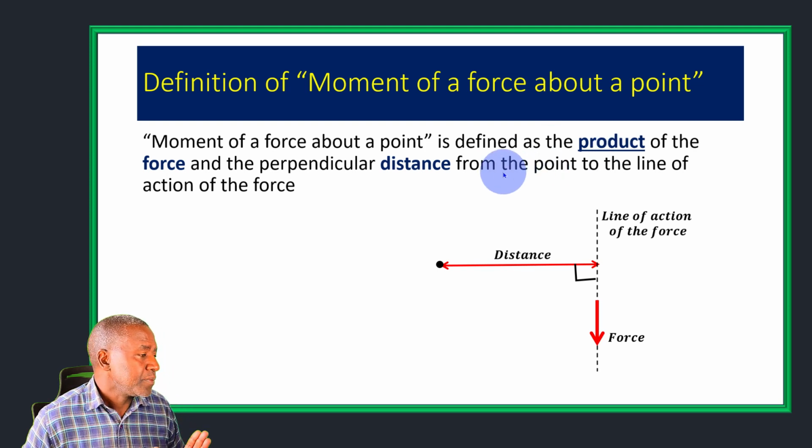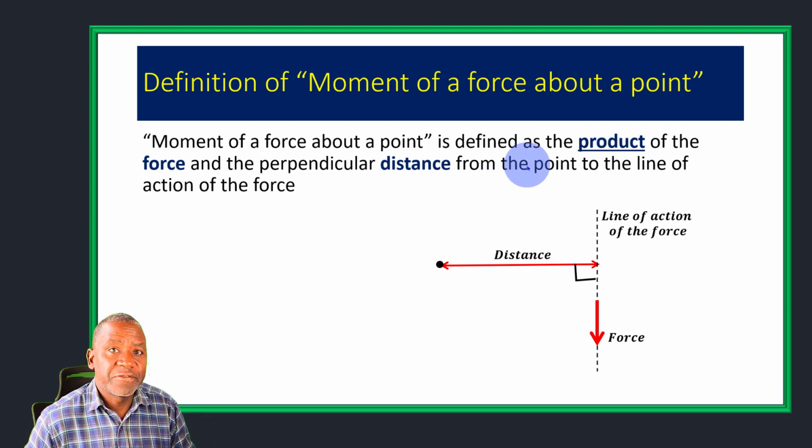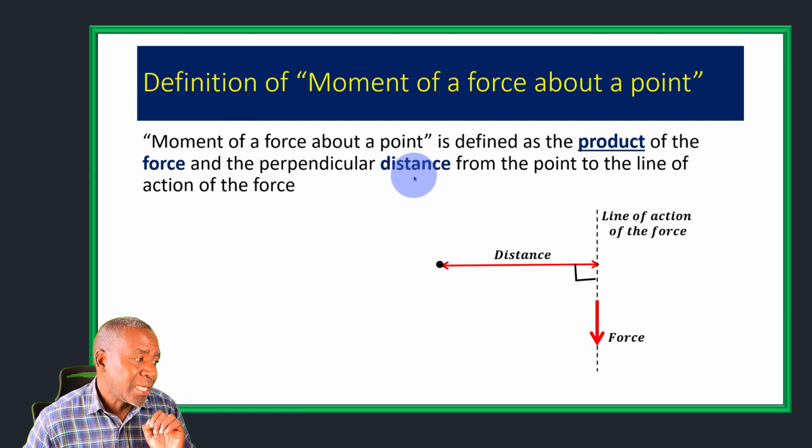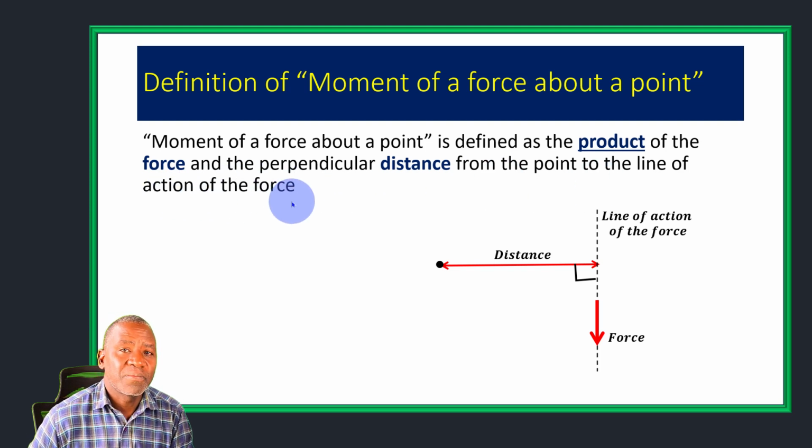You may have to go through this definition over and over again in order to understand it. So it is a product of the force and the perpendicular distance. Perpendicular means 90 degrees. Perpendicular distance from the point all the way to the line of action of the force.